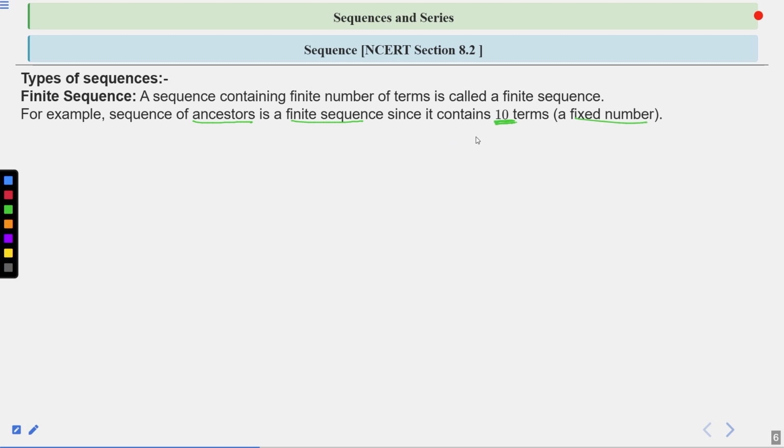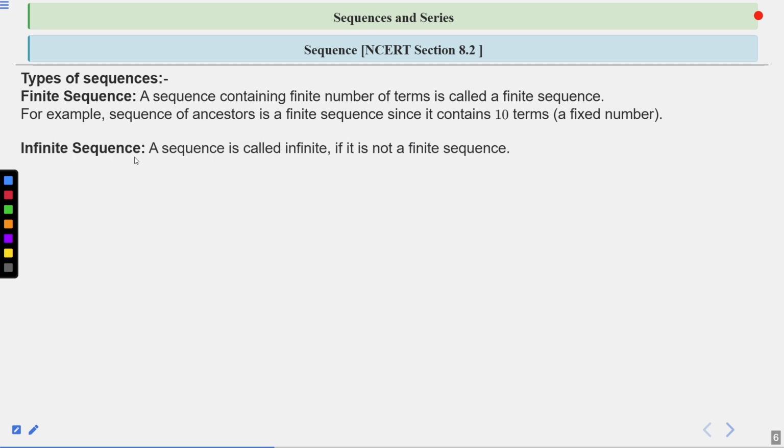So a definite number, a finite sequence. Now, the infinite sequence, as the name suggests, infinite, in which you do not have a finite number to express. A sequence that is not finite will be your infinite sequence. Simple.